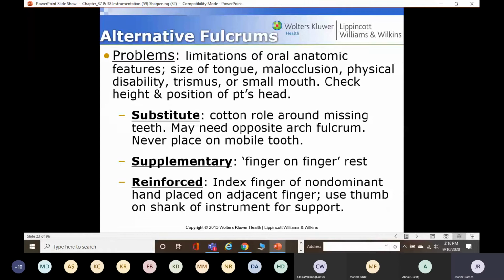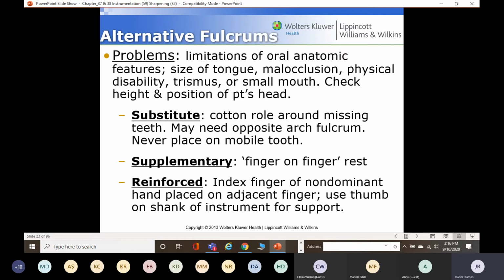Then there are alternative fulcrums, for limitations. If you have limitations because of their oral anatomy, maybe they have a huge tongue, macroglossia, and the tongue is so in the way, and we get tongues that follow. They don't mean to, and they're not trying to. They're trying to help you out, but their tongue is following your instrument, which means it's covering it, or the mirror.